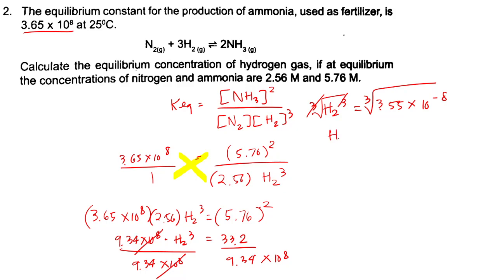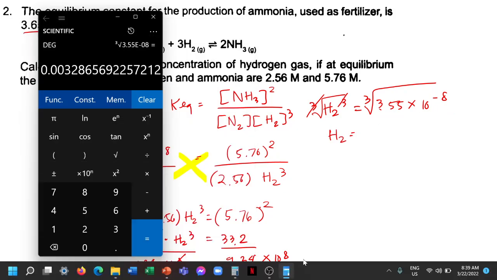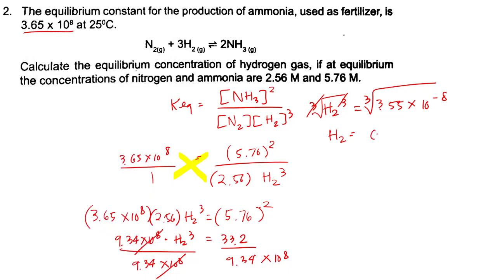What's left here is H2. Then, what's the cube root of this number? Let's use the other calculator. I have solved this one already. That's equal to 0.00329. So this is the equilibrium concentration of hydrogen gas in this reaction.